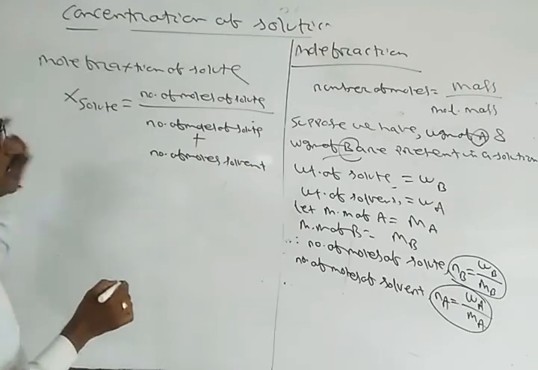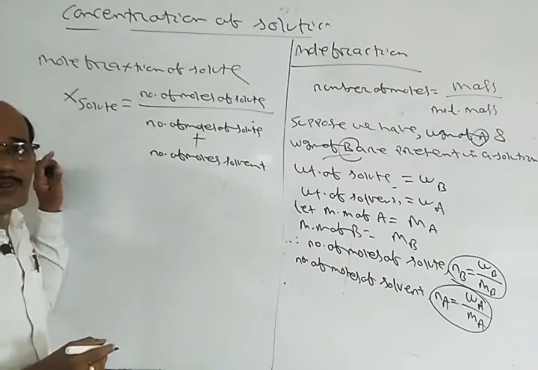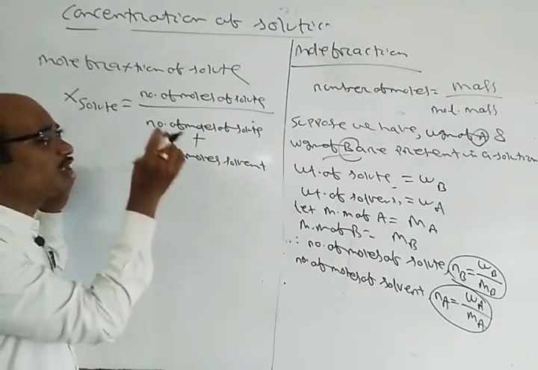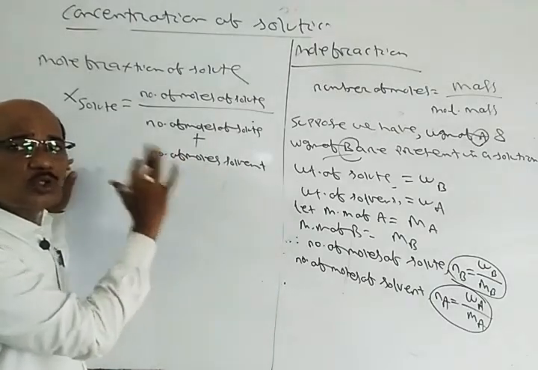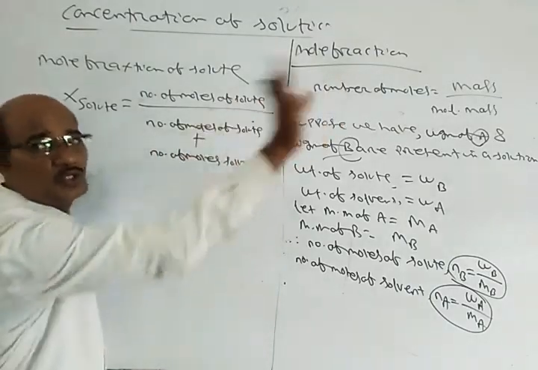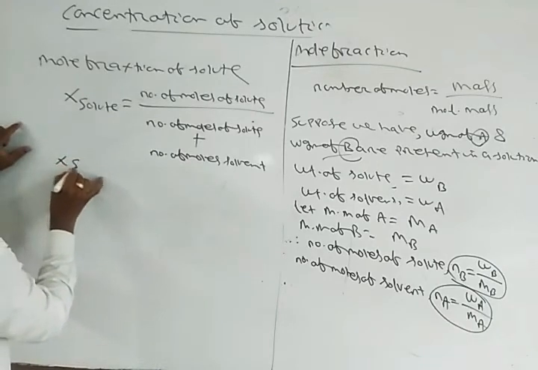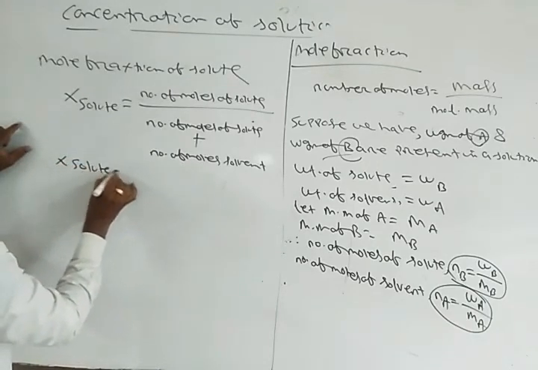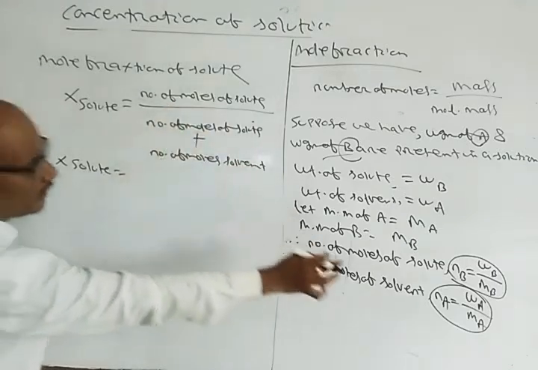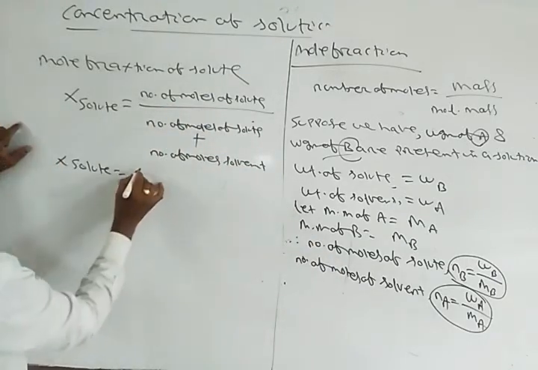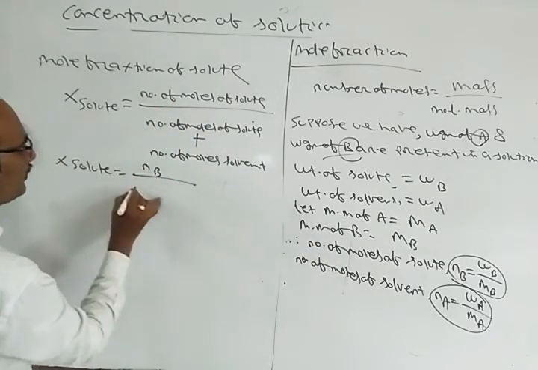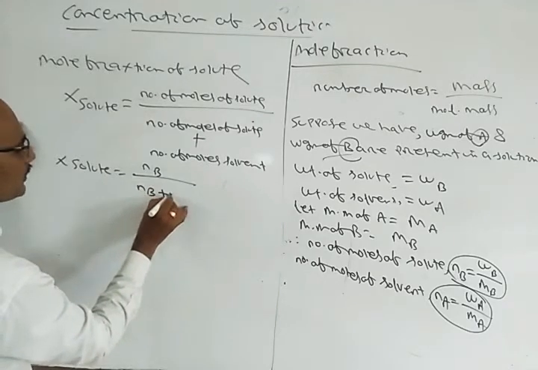So mole fraction of a component means number of moles of that component divided by total number of moles in the solution. So X solute is equal to N of B by N of B plus N of A.